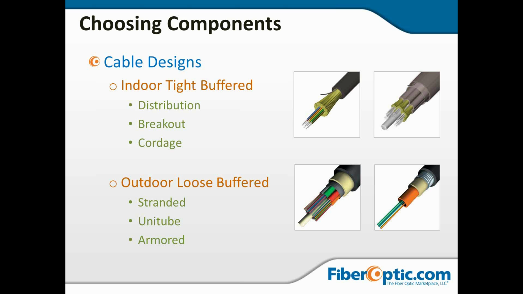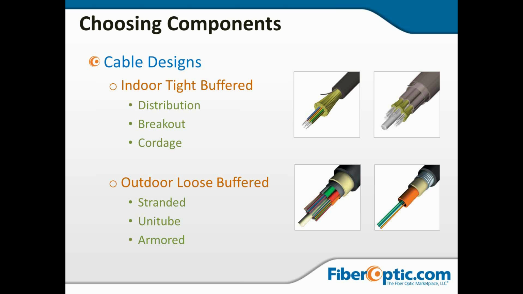Now the upper left-hand picture is distribution cable. It is multiple tight buffered fibers surrounded by aramid yarn and an outer jacket. It's the least expensive of the indoor cabling.